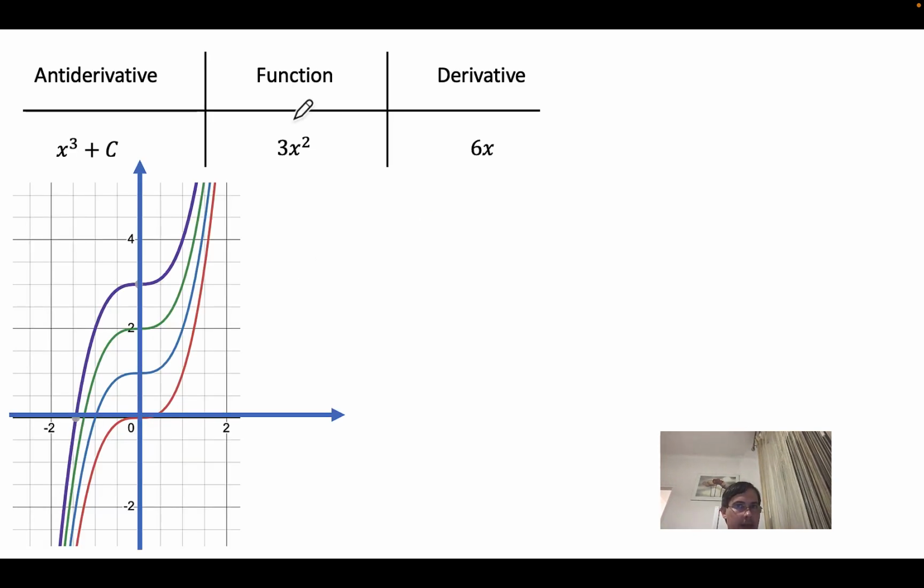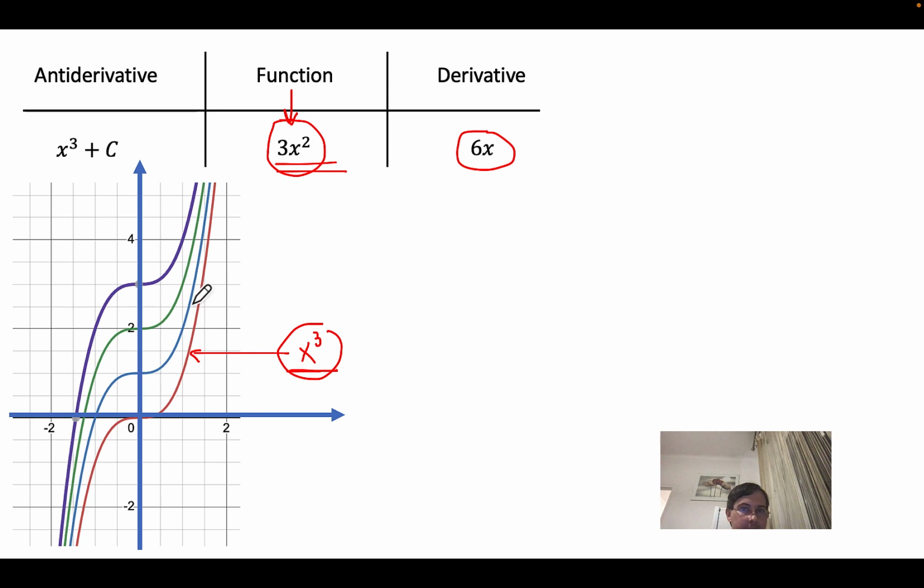So here is again the function that we just considered, 3x squared. We know that 6x is the derivative of this function 3x squared. And here, this function is x cubed. This is one antiderivative of 3x squared, because the derivative of x cubed is exactly 3x squared.